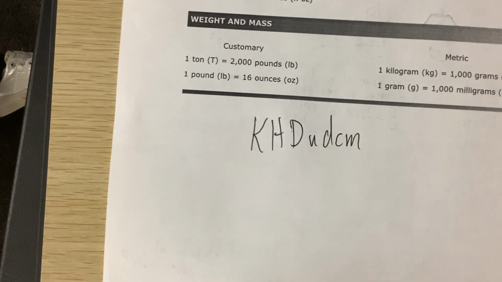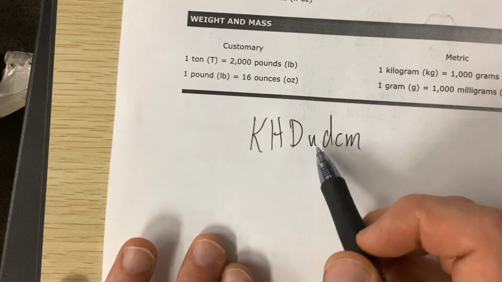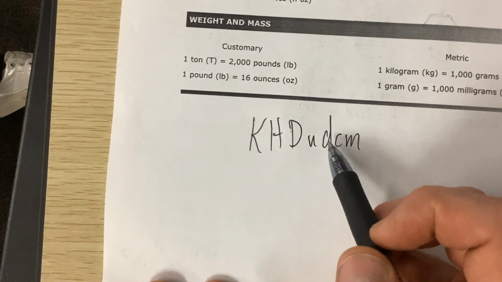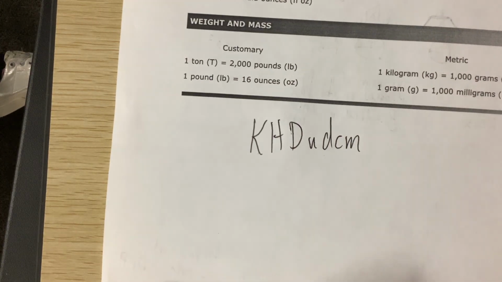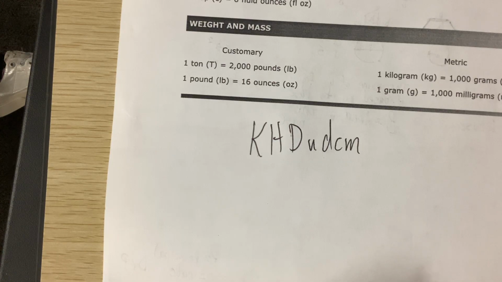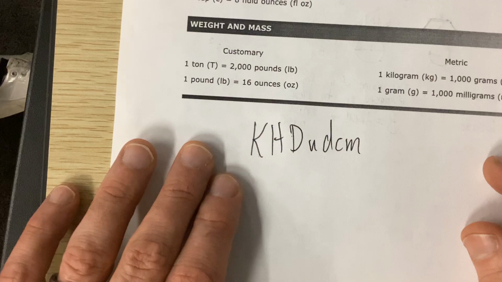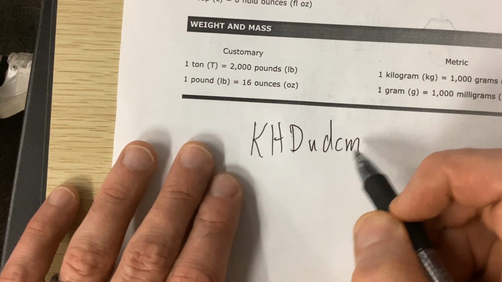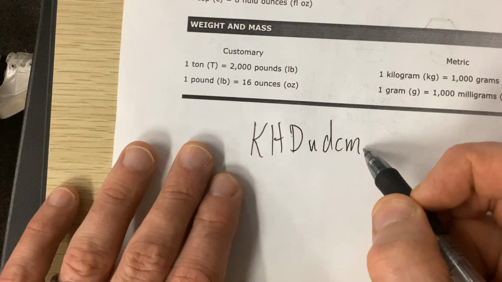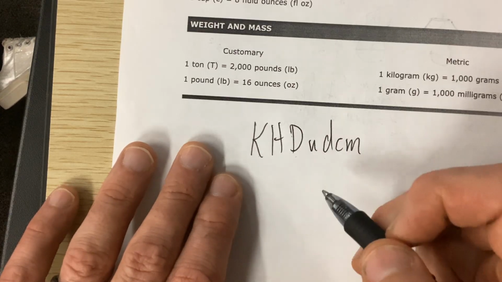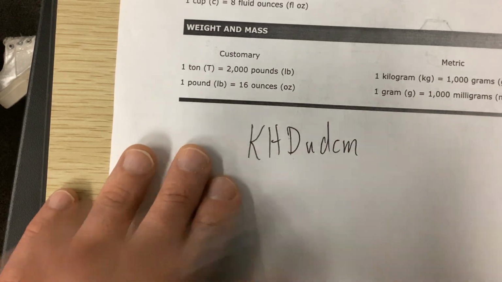This is converting within the metric system. So kilo, hecta, deca, the base unit, deci, centi, and milli. So if they tell you something in milli and you want to find it in kilo, you have to start here, move the decimal that many times. Okay, and that's how many times you have to move it in the number.